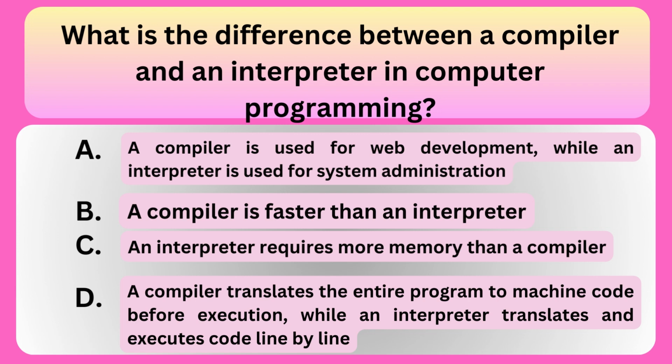A compiler translates the entire program to machine code before execution, while an interpreter translates and executes code line by line. And the right option is a compiler translates the entire program to machine code before execution, while an interpreter translates and executes code line by line.